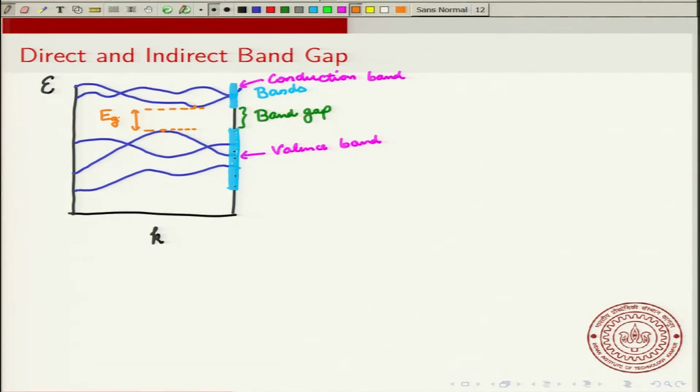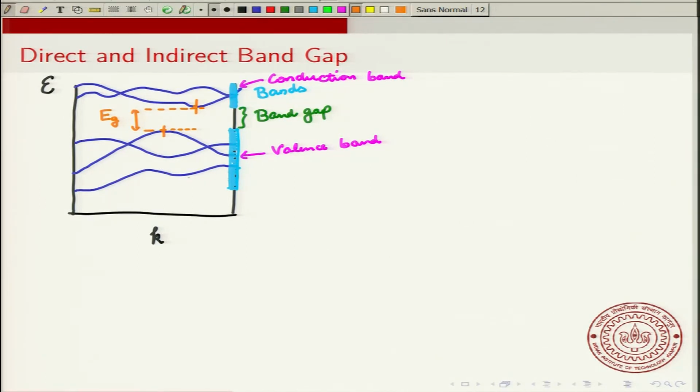Now, we notice that the bottom of the conduction band and the top of the valence band are not located directly below each other. We see that they are located at different k.